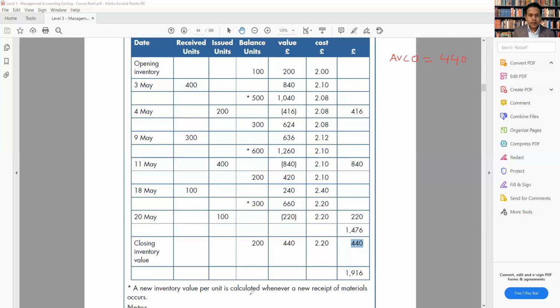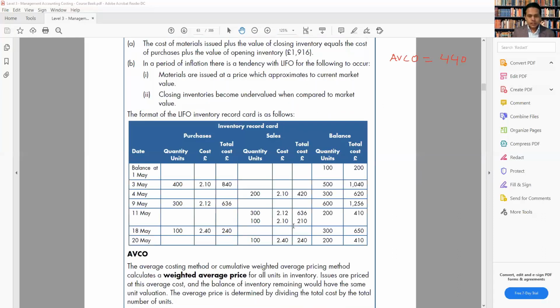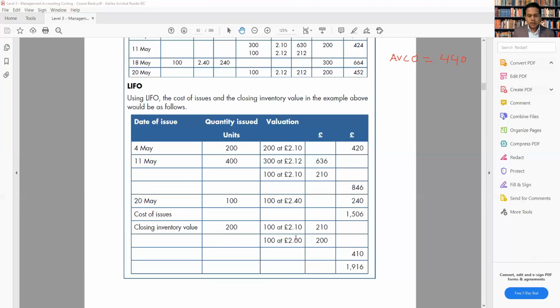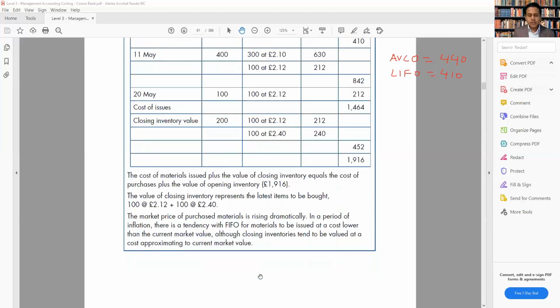And then if I go to the LIFO, the closing inventory value is 410. And if I use the FIFO, the closing inventory value is 452.